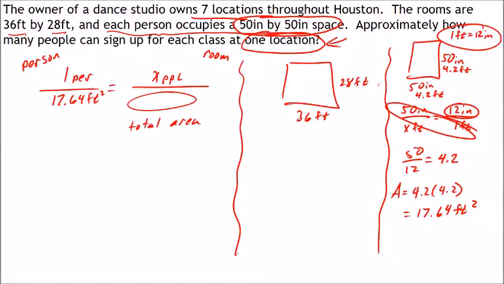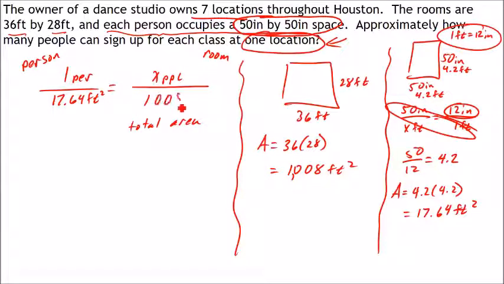Units are important in this. All right, so the area, since they're already in feet, I don't have to do any conversions. And it's just 36 by 28, and that gives me a total area of 1,008 feet squared. So my total area up here, I can now plug that in, 1008, that's in feet squared. Okay, and so just like the last ones, cross multiply and divide.